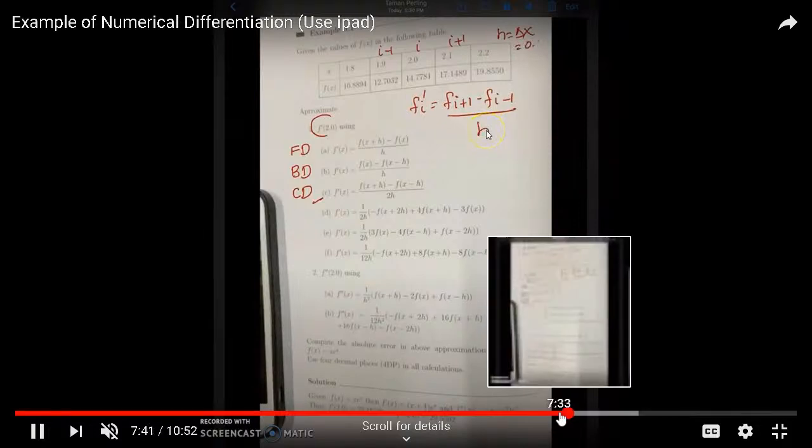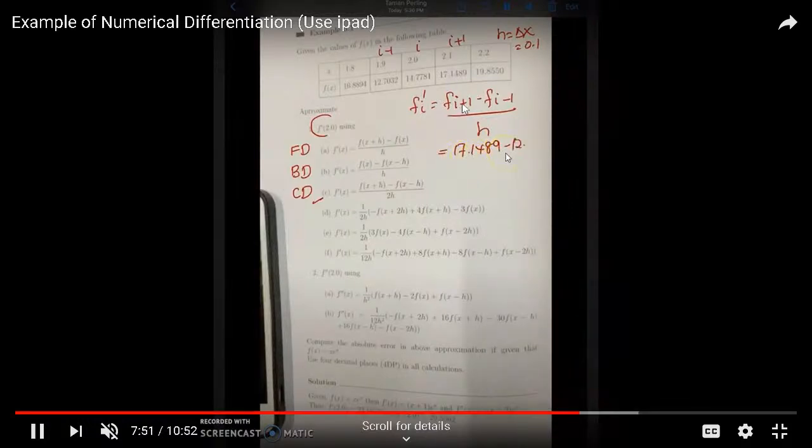Before we get the center, we get the backward. For the forward, i plus 1 is 17.1487, and i minus 1, one step at the back, is 12.7032, divided by 0.1. So the answer, pressing your calculator, is 22.2285.